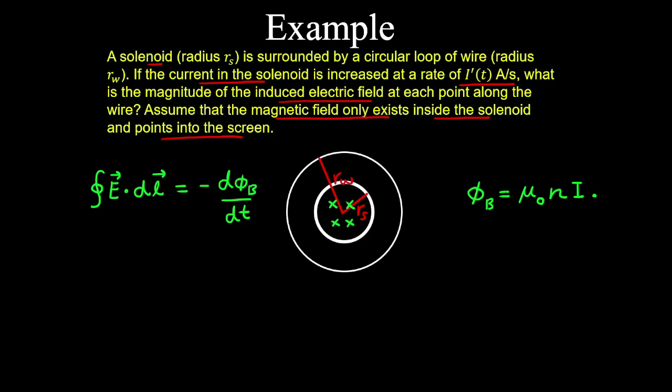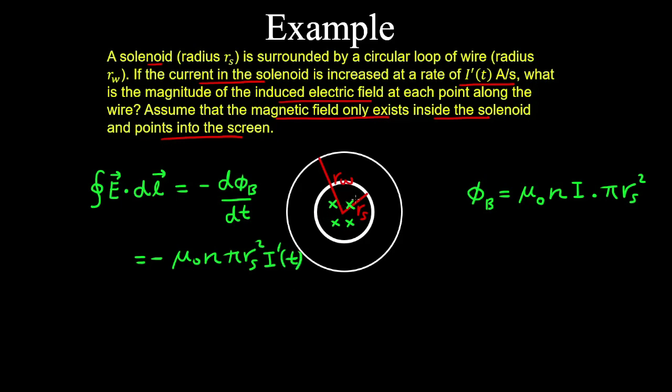So the magnetic field only exists inside the solenoid, so it's acting through the area pi by the radius of the solenoid squared. So therefore the negative of the change in magnetic flux is mu naught by n by pi by the radius of the solenoid squared by the rate of change of the current with respect to time, which is I'(t).